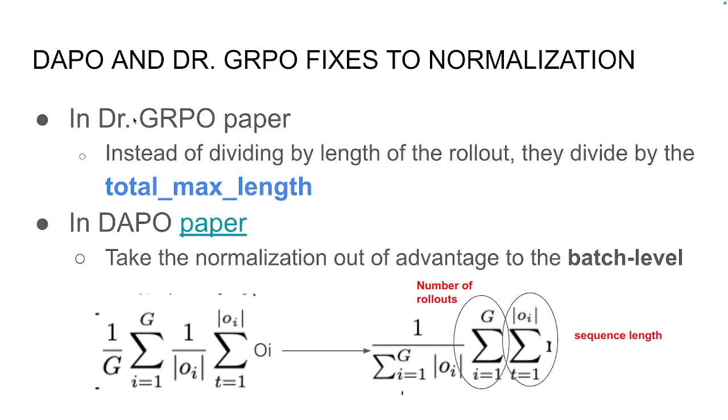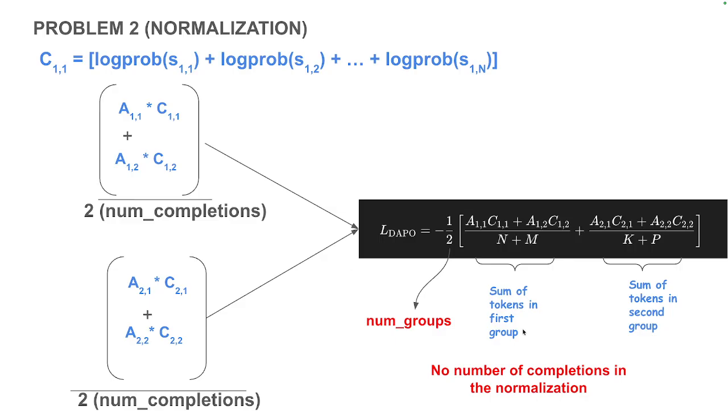So instead of normalizing the sum of the log probs, in DAPO, if you see here, there is no normalization. They would take it to the end, while calculating the loss.